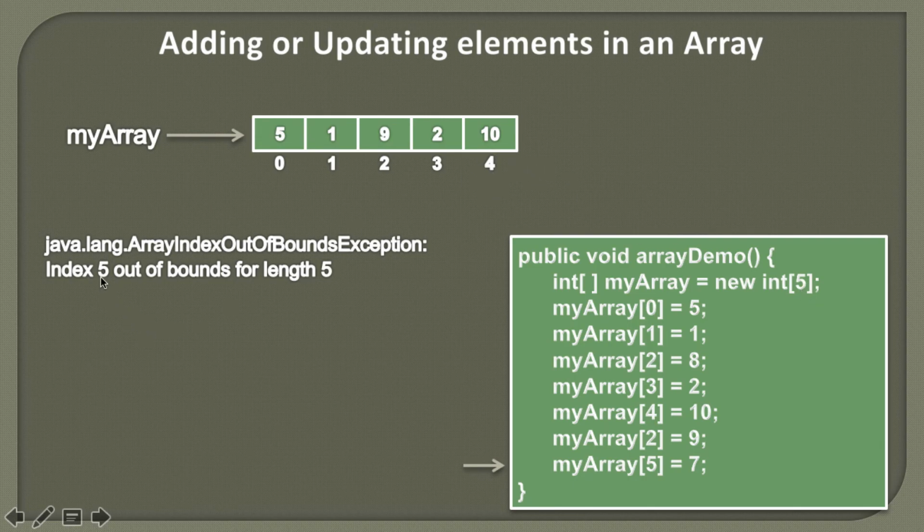This is the most common exception we get when we work with an array data structure, because sometimes we wrongly access an index which is not present inside an array.